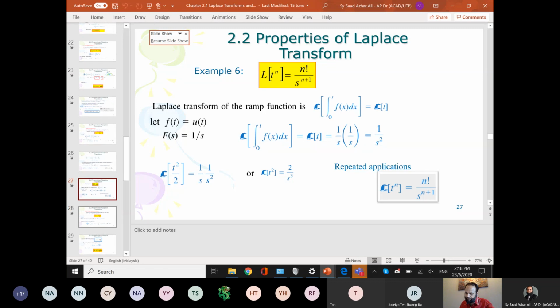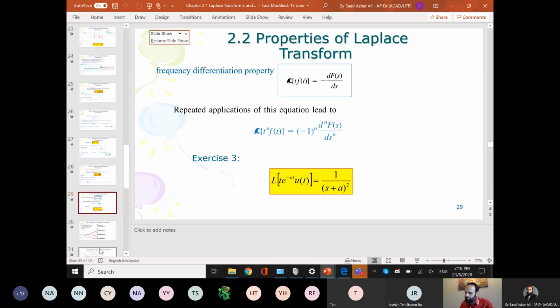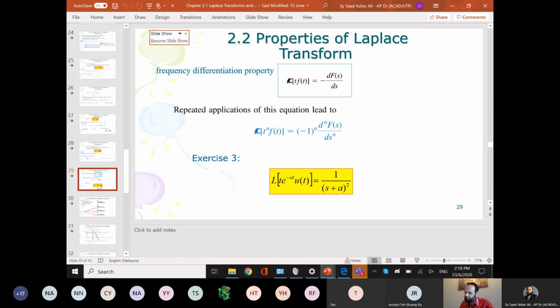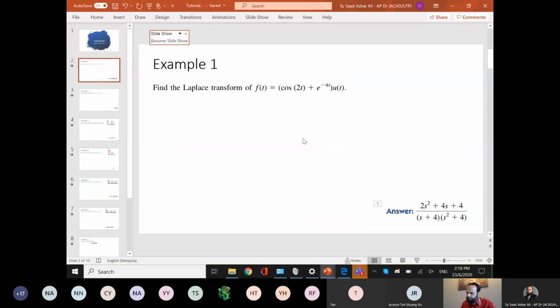Yes, this one. You can see this one. If it's t to the power n, it will be converted into Laplace transform by having a -1 to the power n and nth derivative of F(s). So if you come back to our function, this is the one.